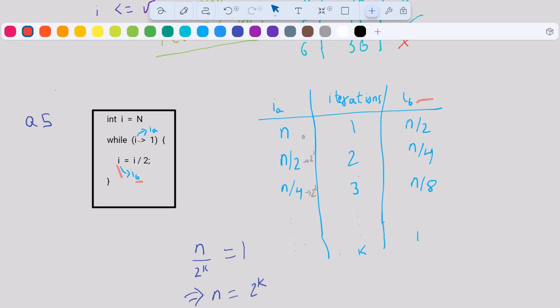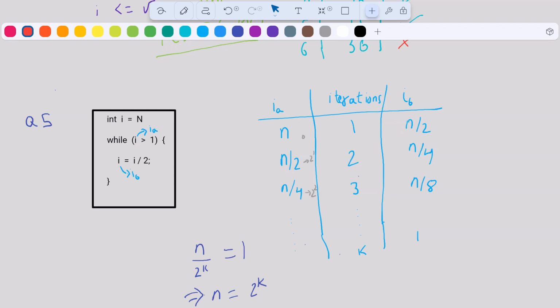So when I is equal to n, it will enter the loop, as it is greater than 1. So the number of iterations will be 1. It is just entering the loop. And IB, where it is here, will be n by 2. So when control comes over here, this time I will be n by 2, and you can also write this 2 as 2 to the power of 1.